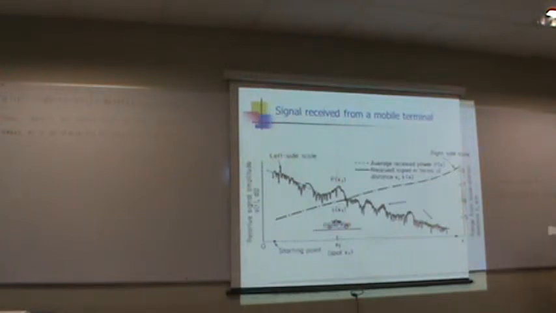So in general, the direction of arrival of the electromagnetic rays for the users can be considered to be uniformly distributed between 0 and 2π, all possible directions.